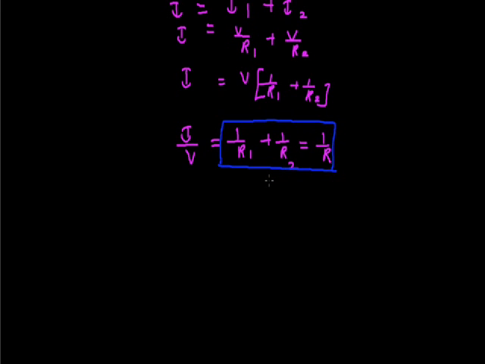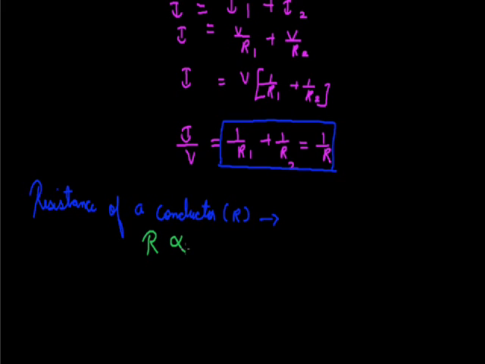Now, we can also calculate the resistance mathematically by using the length and area of the wire given to us. It has been found that resistance R of a conductor is directly proportional to the length L of the conductor.